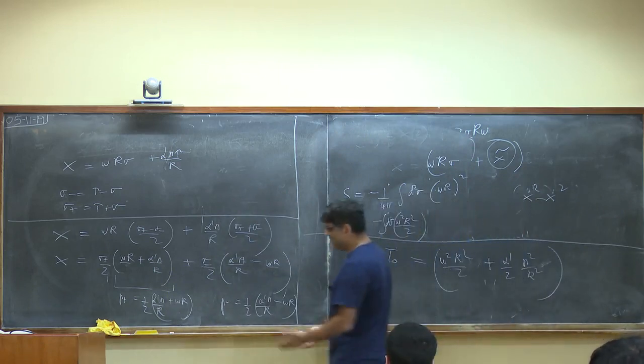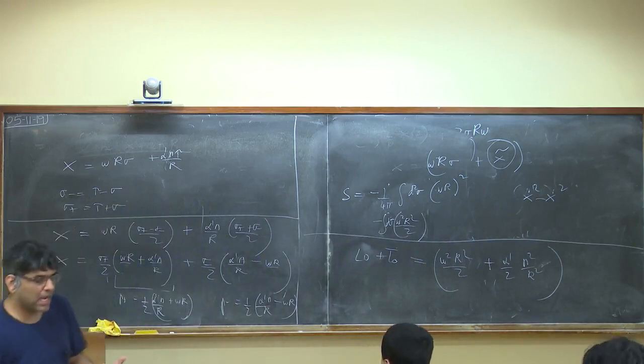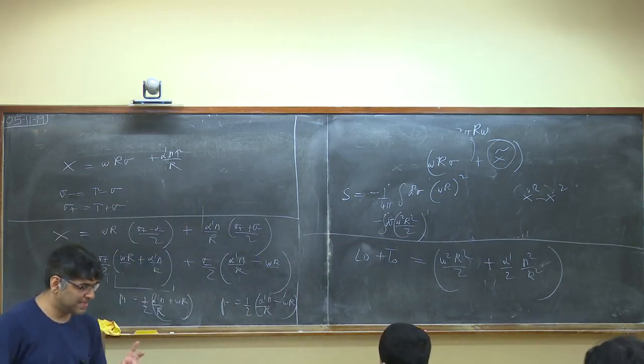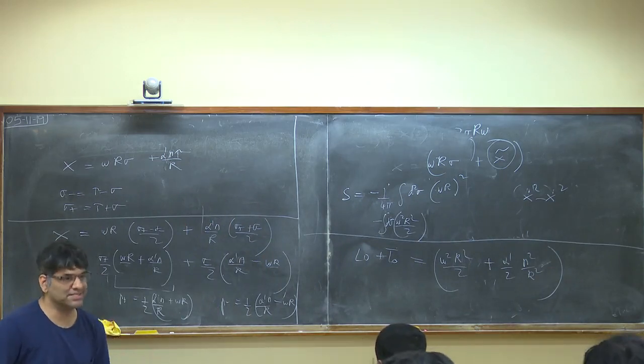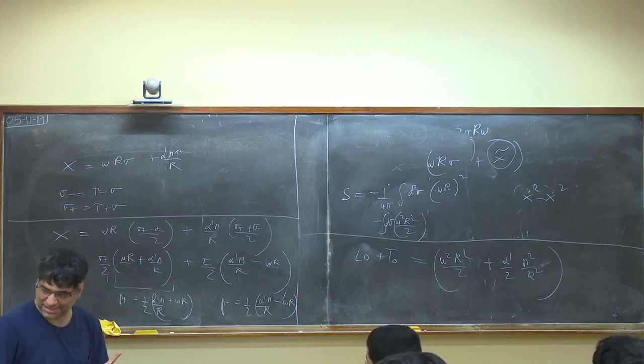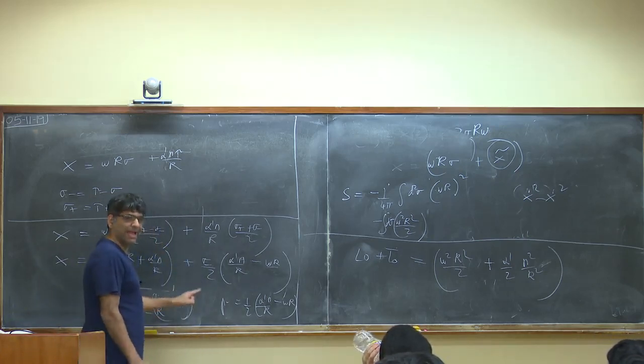So when you've got a circle with winding, the zero mode sector is specified by specifying two integers, the momentum integer and the winding integer.